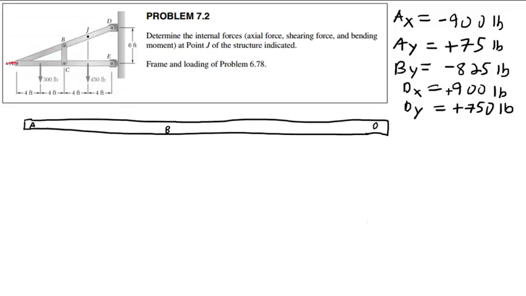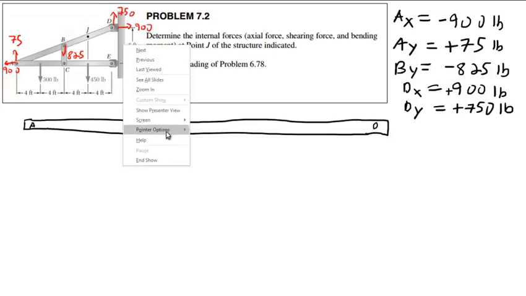A X 975, negative 825, 825, 900 and 750, and 750, and then my angles.